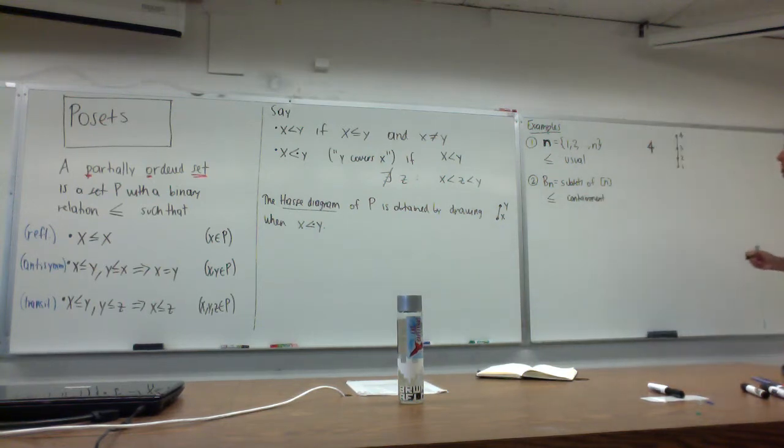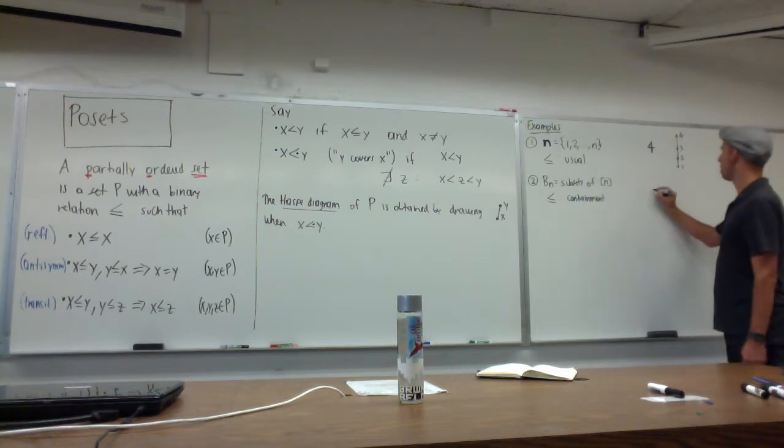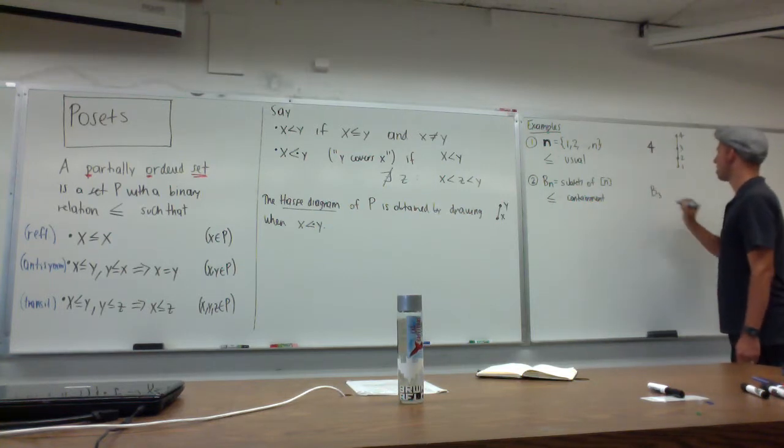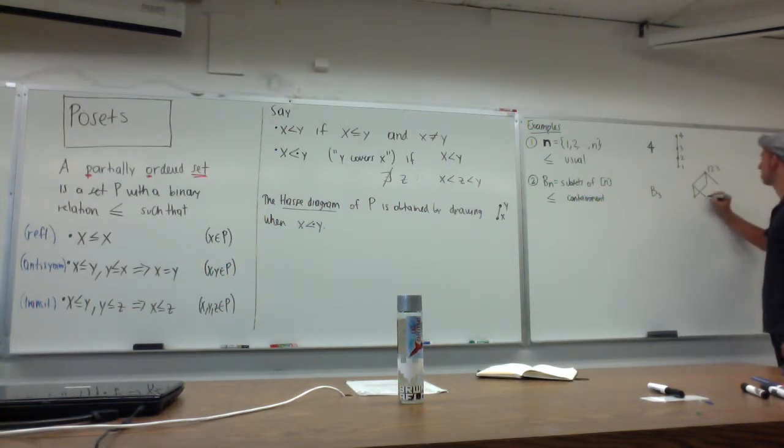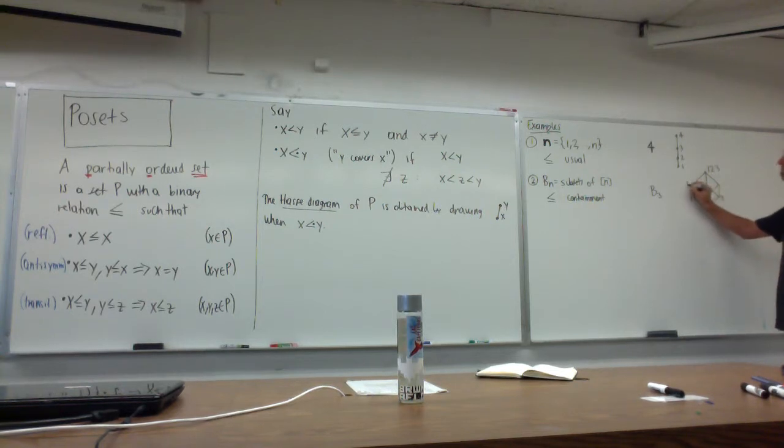So for example, if I want to draw B3, then I need to draw the subsets of 3 elements by containment, and I get this picture. So I get the empty set, the single elements, the pairs, and the whole set. Okay?